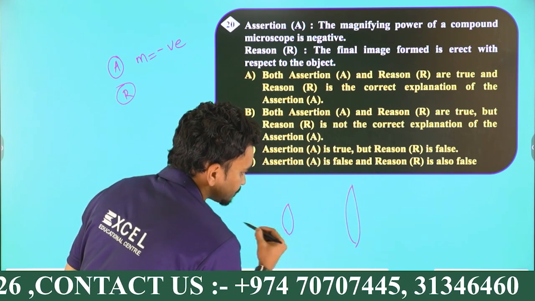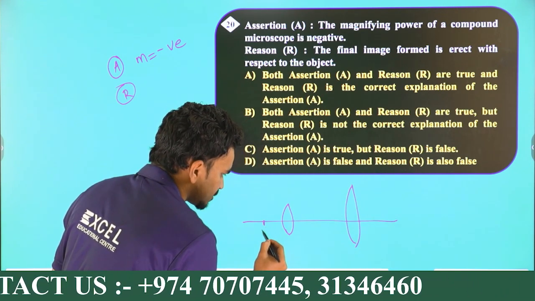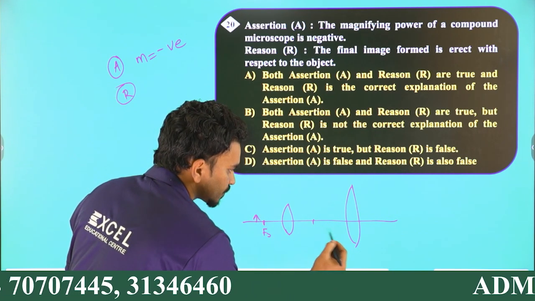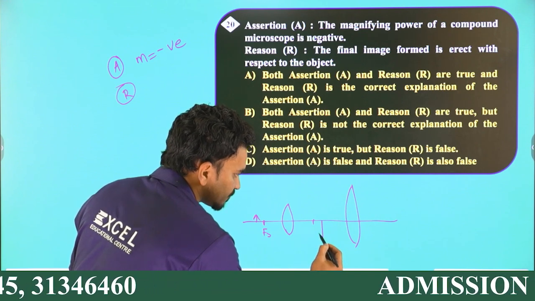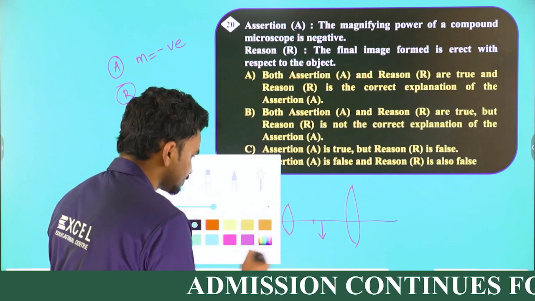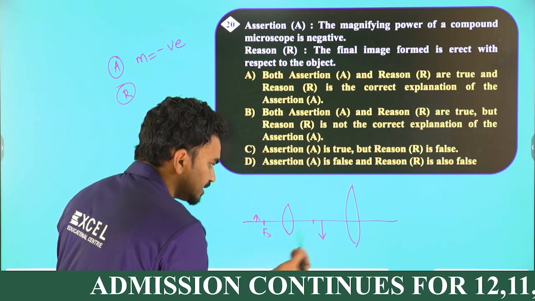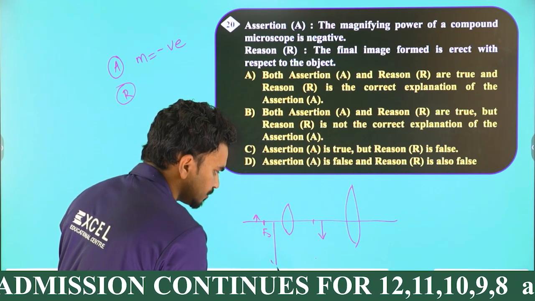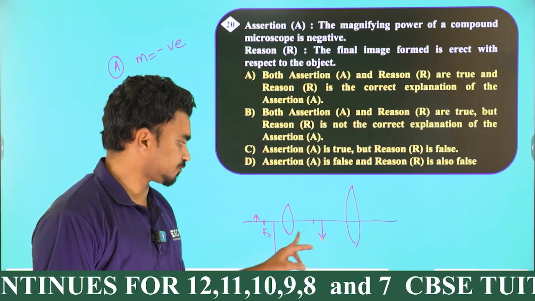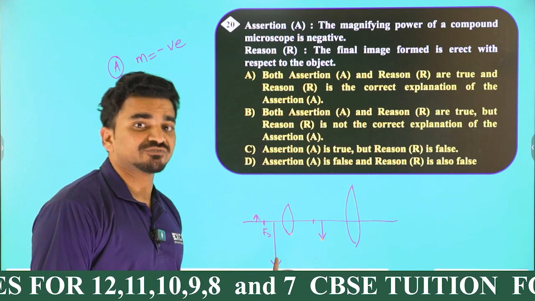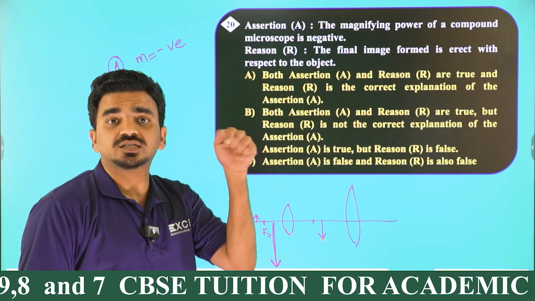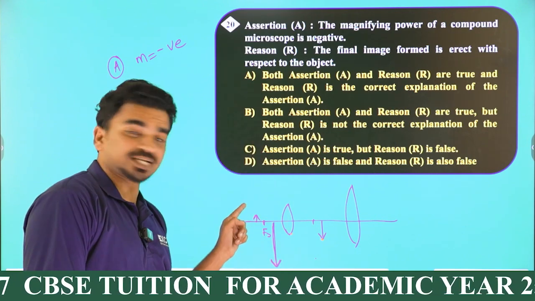The eyepiece is a little bigger. You keep the object slightly here, so that we get the first image somewhere here, the image formed by the objective. Then the eyepiece forms a bigger image somewhere here. This is the image of the objective, and this is the image of the eyepiece. The final image is inverted with respect to the actual object.